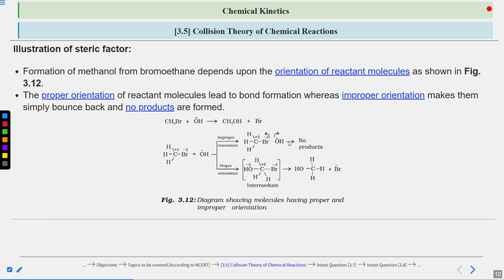The physical state will remain the same. If this is a nucleophile, it will remain a nucleophile. If this is a bromoalkane, it will remain a bromoalkane. So this is the diagram showing the proper and the improper orientation effects and the products, that is, the cases when you follow the proper and the improper orientation in a reaction between two reactant molecules.